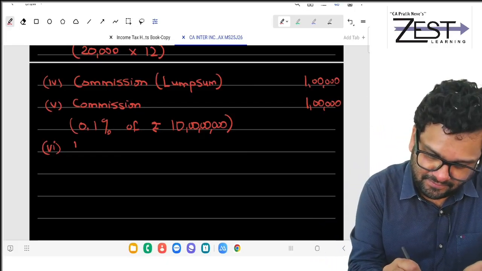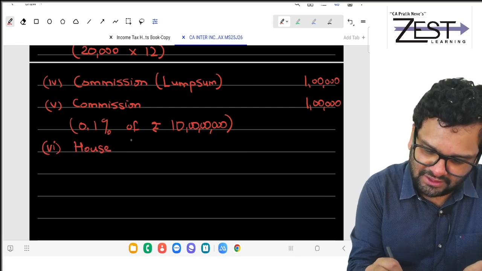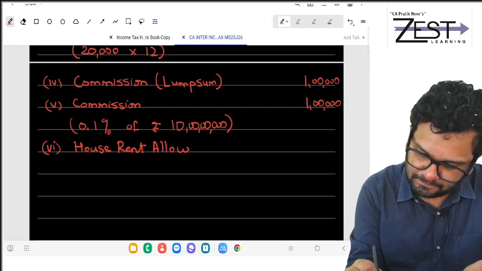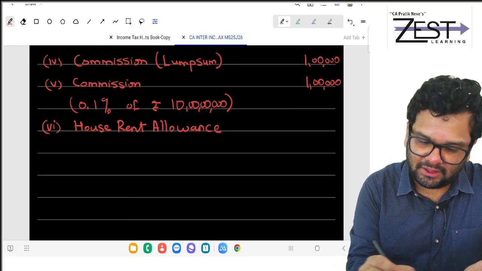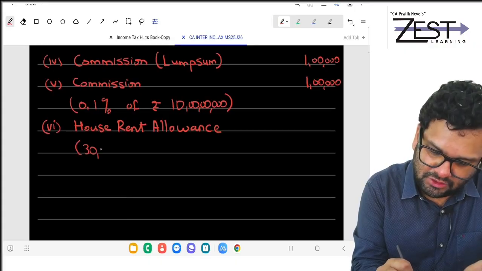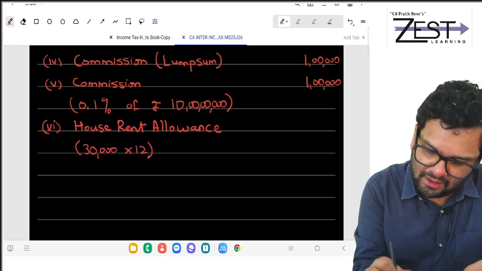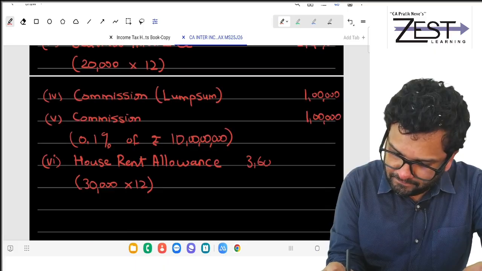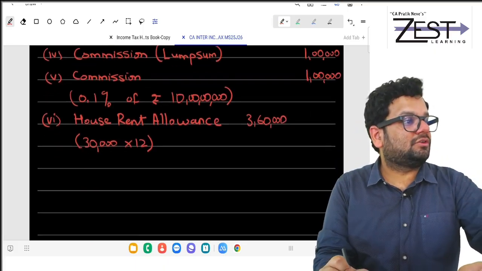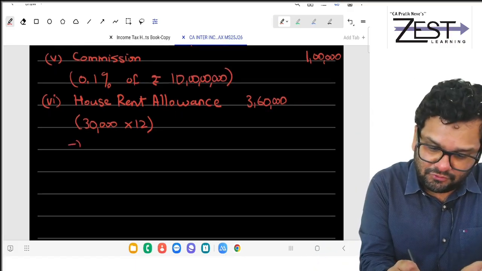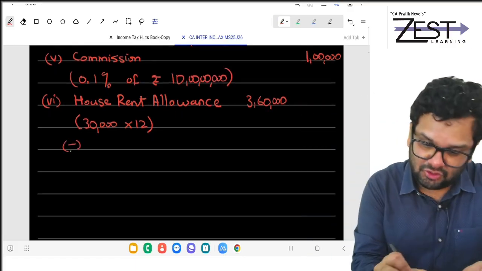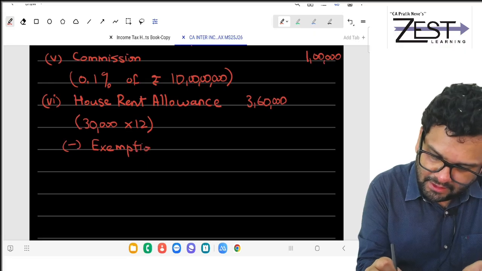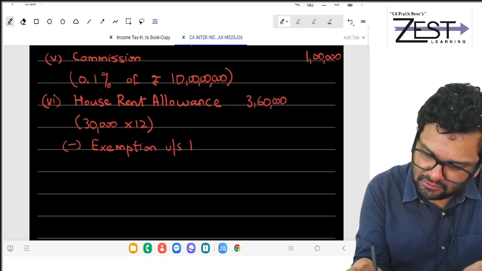HRA. What is the amount of house rent allowance? I will tell you one thing. 30,000 into 12. In the first column, take 3,60,000. But you are in 115 BAC. So less exemption. What have you learned?